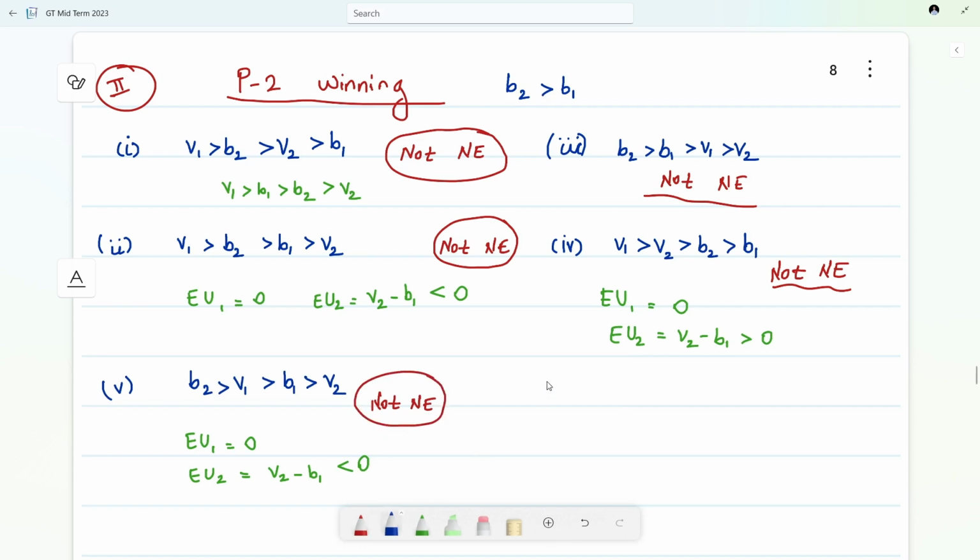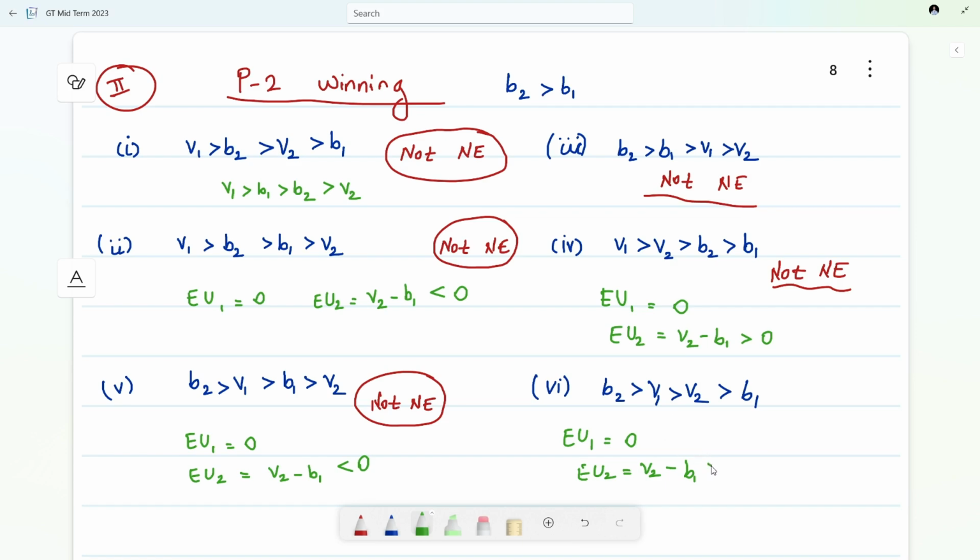Okay. Now the last case, B2 greater than V1 greater than V2 greater than B1. Okay. Now the expected utility for player 1 will be 0 because he is losing the game. Expected utility for player 2 will be what? V2 minus B1.